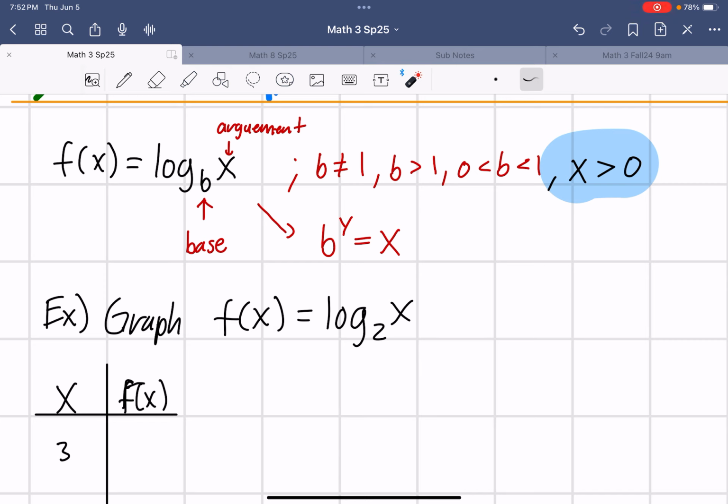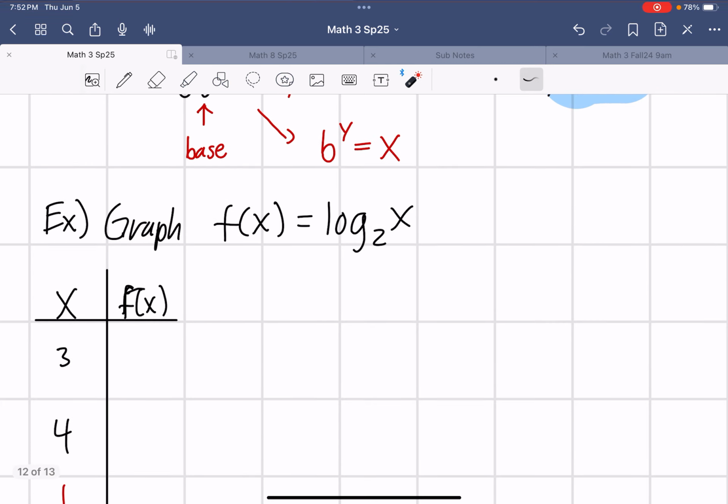Because if you think about it in this exponential form, whatever values you have for your base and any values you choose for y, you're not going to be able to get 0. And you're not going to be able to get a negative number. That's why it says it's strictly greater than 0. You can get 1, because the power would be 0, and other things, but the argument has to be strictly bigger than 0. So here we have a logarithm.